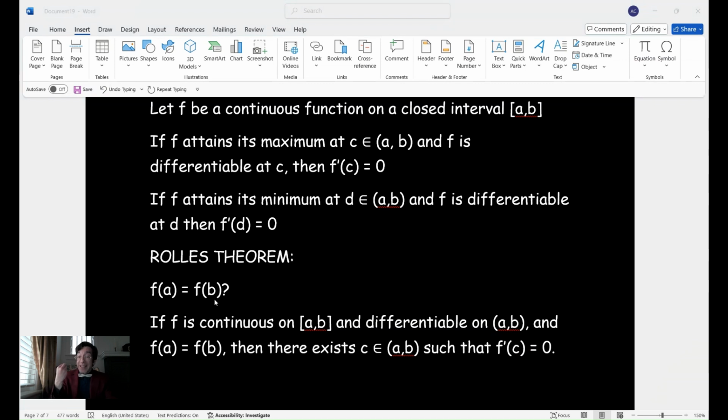And so the easiest way to remember this theorem, let me show you a diagram so that you can keep this in mind. That's going to be the easiest way that you can remember, if you keep the following diagram in mind.